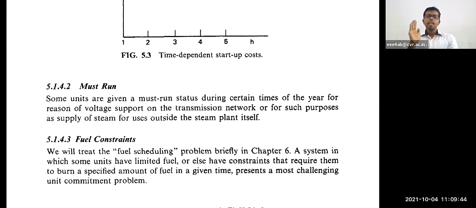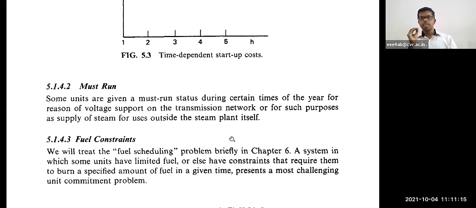Say, for example, in a particular state or district, there are some must-run units. They will be running almost 300 or 320 days, and only some days a month might go for maintenance. Or otherwise 350 days they run, and only 15 days they are not running.